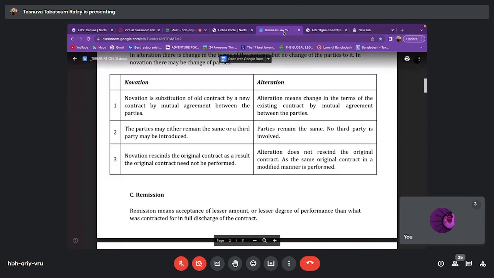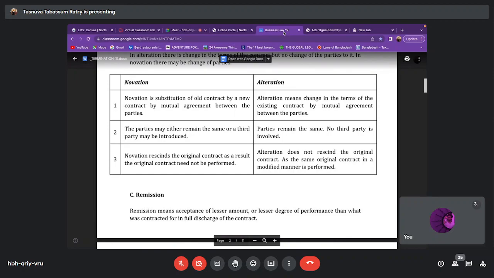Also, novation can occur whenever there is a change in parties or a third party is being introduced in a contract. On the other hand, alteration is the change or addition in the terms of the existing contract by mutual agreement.